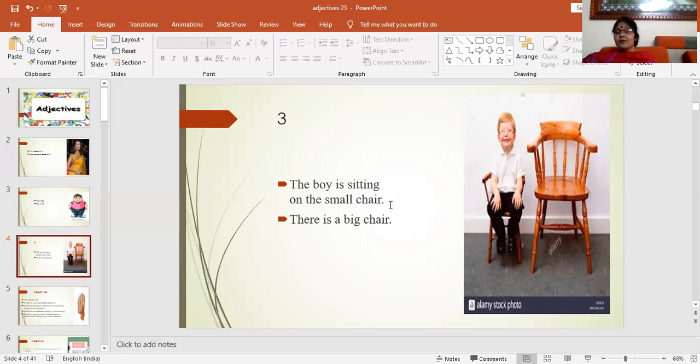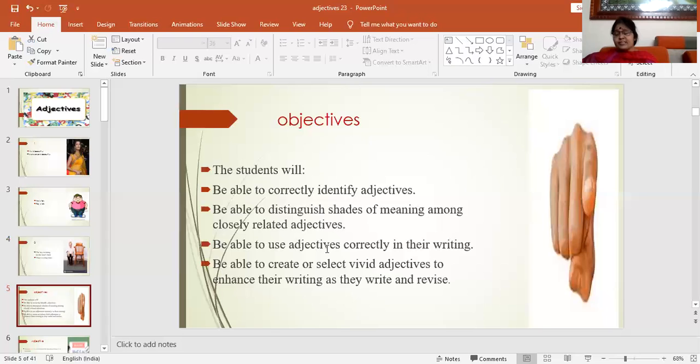So, it is modifying this thing, right? There is a big chair. Again here it is modifying a thing. This is also noun, chair is also noun, right? So what we understand from these three examples is that an adjective modifies a noun or a pronoun or a thing, right?